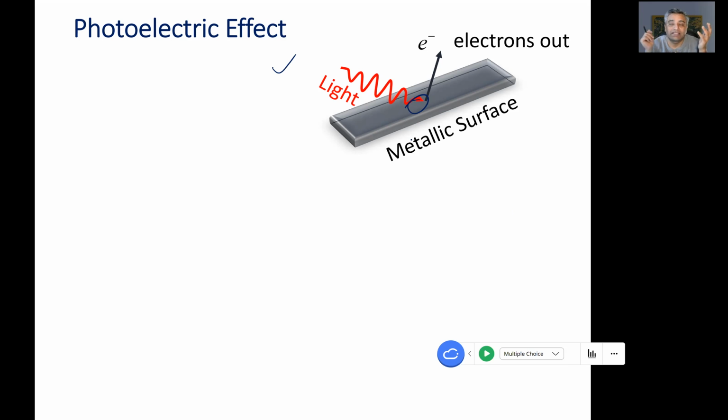So based on classical theory, what we can say is, okay, this light has energy. So the electron captures that energy. And then when it has enough energy to break that bond from the surface, right? So this is metal. Metal has electrons that can move from one lattice site to another on the atomic crystal, right?